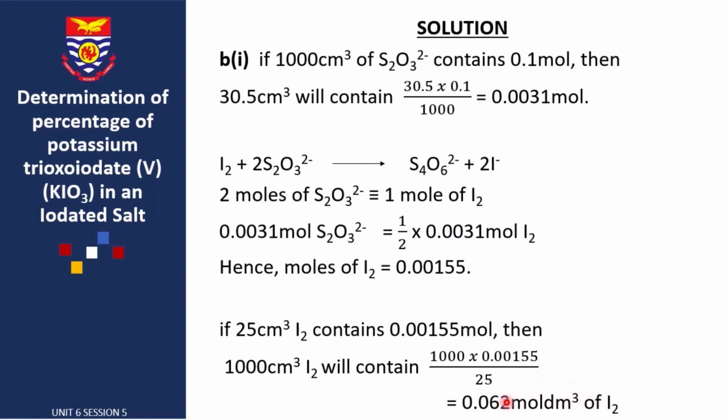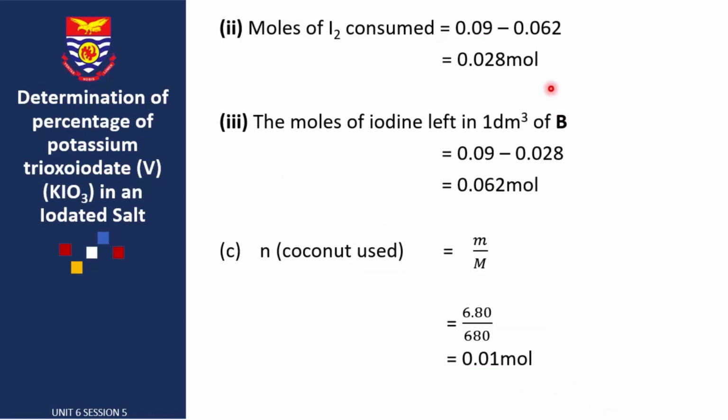Alright, we can do a subtraction to get the number of moles that was consumed, given that we started with 0.09 mole per decimeters cubed. So if the volume is 1000 or 1 dm cubed, then straight away we can subtract the excess from the initial, what we started with, and that gives us 0.028 moles.